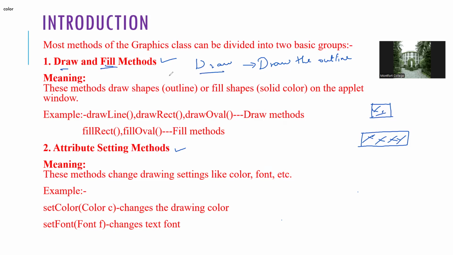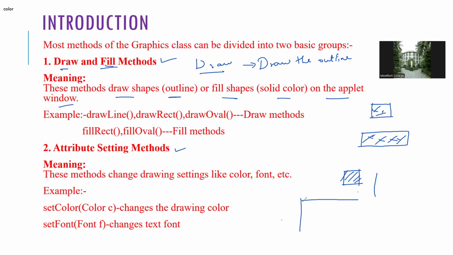Coming to fill methods, by using a fill method we can draw the rectangle or the square and fill inside it, which means the area of the square we can fill. So these methods draw shape outlines or fill shapes with solid color on the applet window.